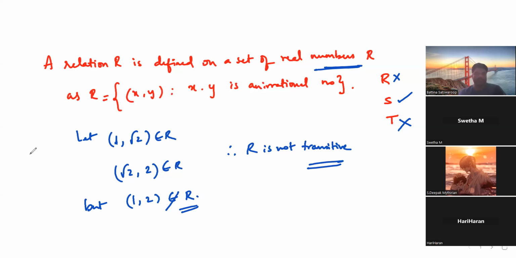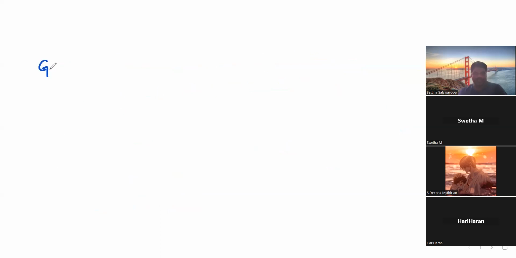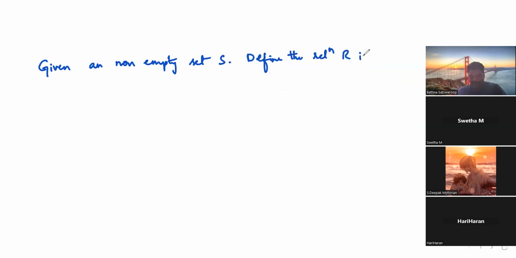One more question, Amma. Given a non-empty set X, define the relation R in P of X as follows.